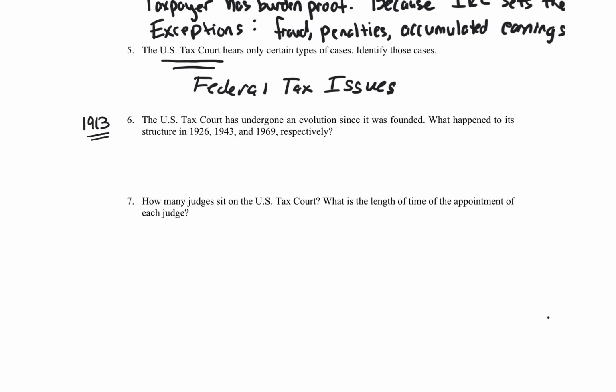And the idea is that in 1926, our first date on the list, the Board of Tax Appeals, also known as the BTA, if you ever see that in a citation, was established. At that time, the Board of Tax Appeals was an administrative board of the Treasury Department.